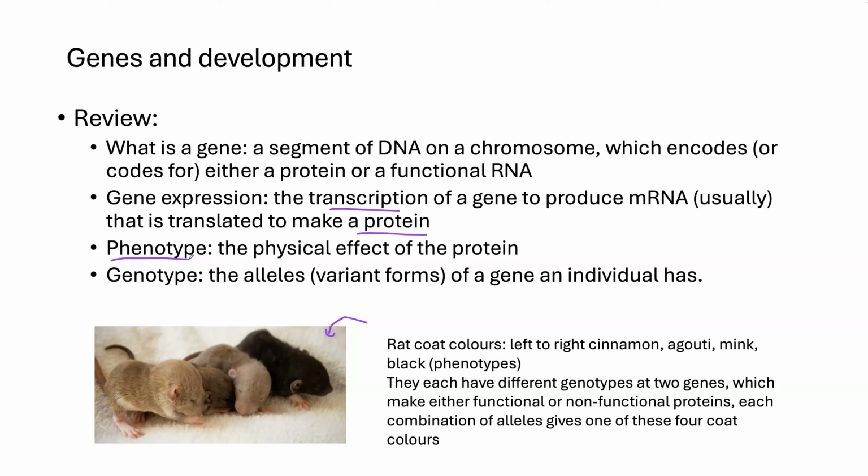Your blood doesn't clot, right? Nobody can see that unless you get a paper cut and are bleeding profusely. So it's not just the physical features, but it's also the proteins in your body, the enzymes, whether they're doing their job or not, and so on. And the genotype is all the various alleles of the different genes that you have.